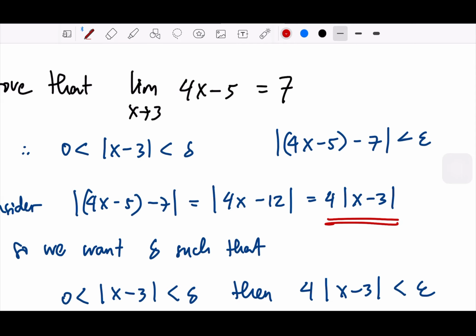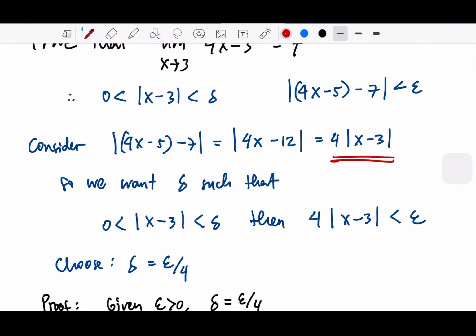So we want a delta such that when you use that delta, 4 times |x minus 3| is less than epsilon. Of course, this is 4 times, so we choose the delta to be epsilon over 4.